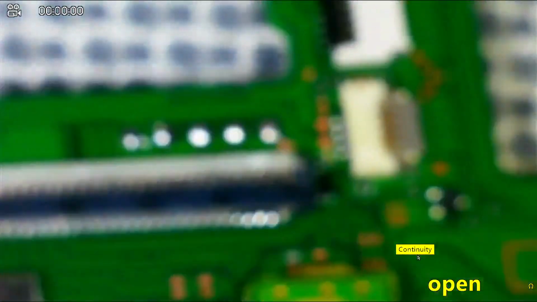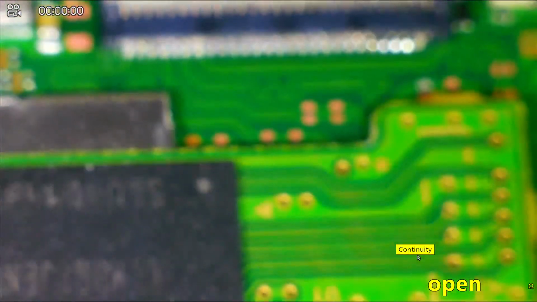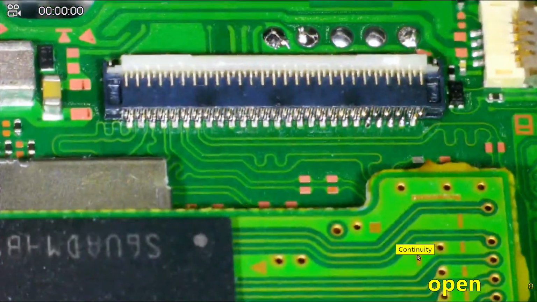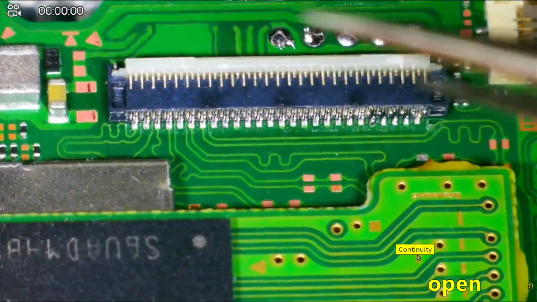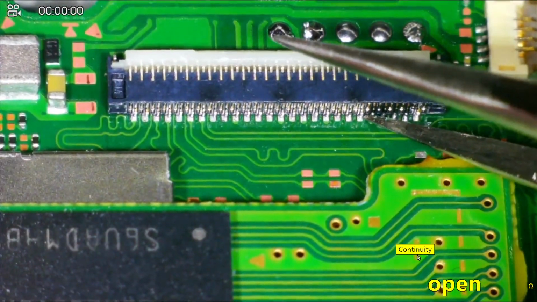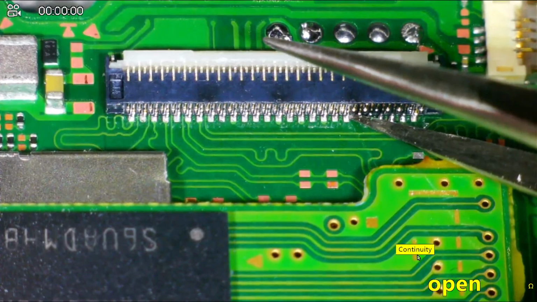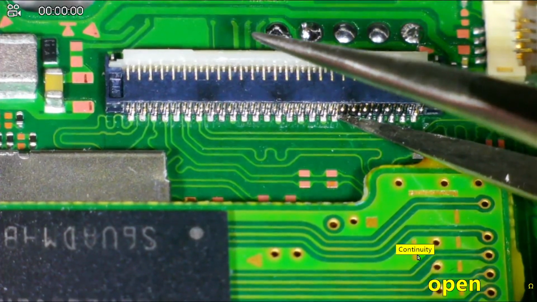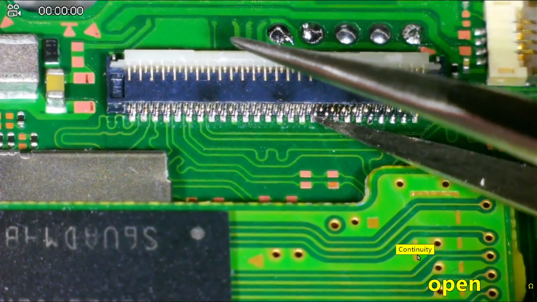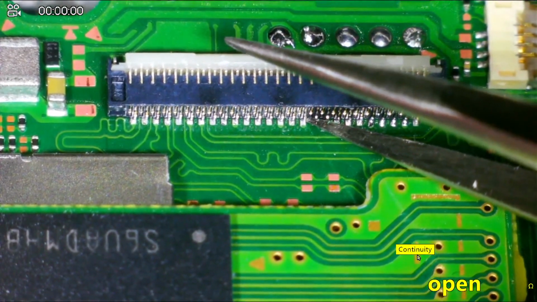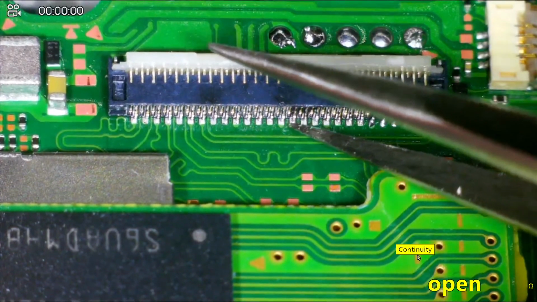That side's good. It's all one move. Oh, that one's moving.